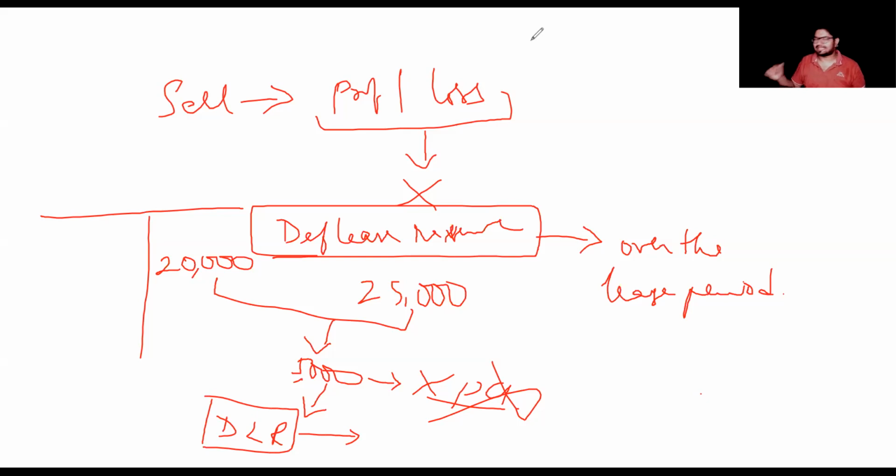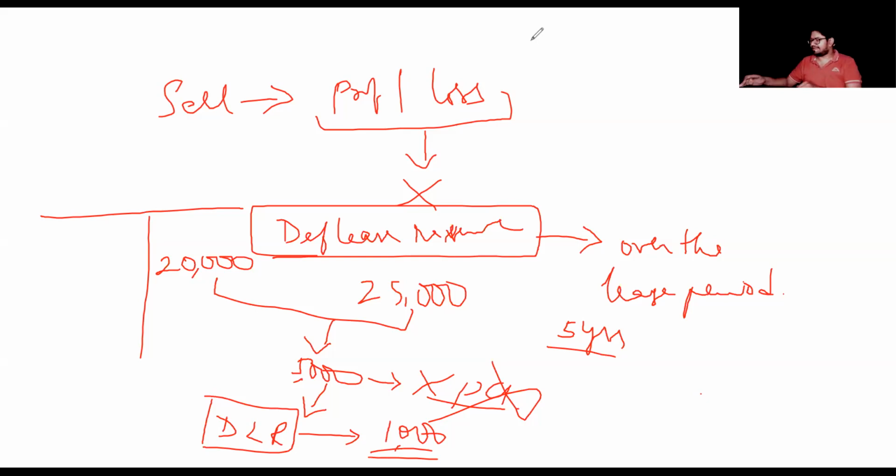For example, this asset, after selling it off, you have taken it back on lease for 5 years. Every year you will be paying lease rental, no? You will be passing one lease rental entry for the expense and the principal payment. Alongside, you will recognize 1,000 rupees of income in your P&L out of this 5,000. This is what the standard suggests you to do.